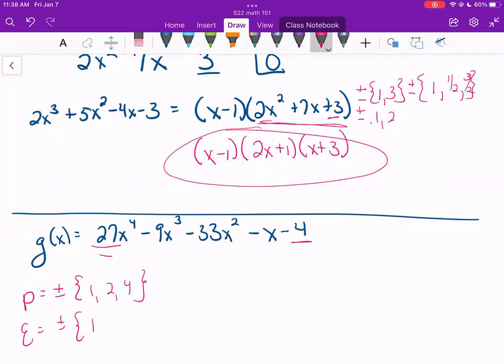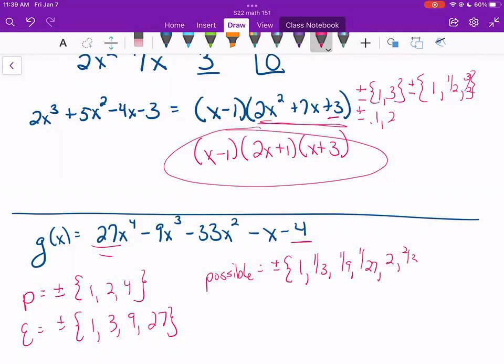My factors are going to be 1, 3, 9, 27. So my possible zeros are going to be plus or minus 1, 1/3, 1/9, 1/27, and then 2, 2/3, 2/9, 2/27, and then I have 4, 4/3, 4/9, and 4/27.